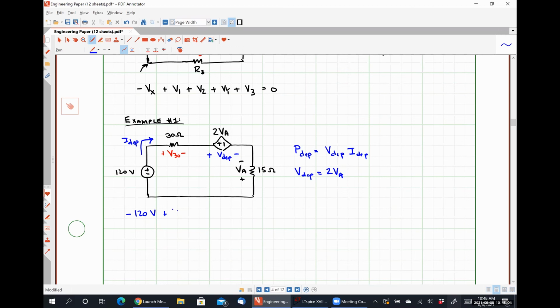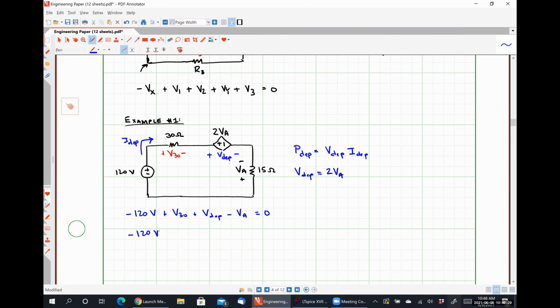So plus V30 plus V dependent, and then minus VA is equal to 0.